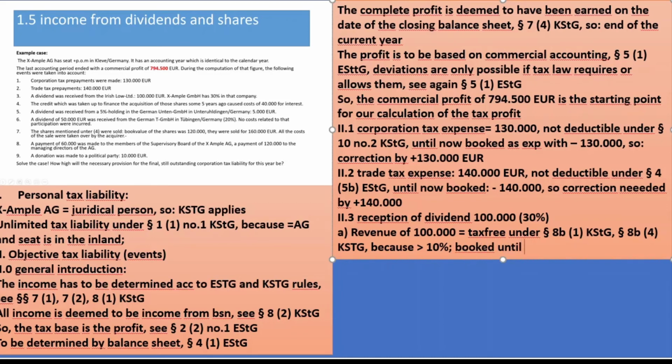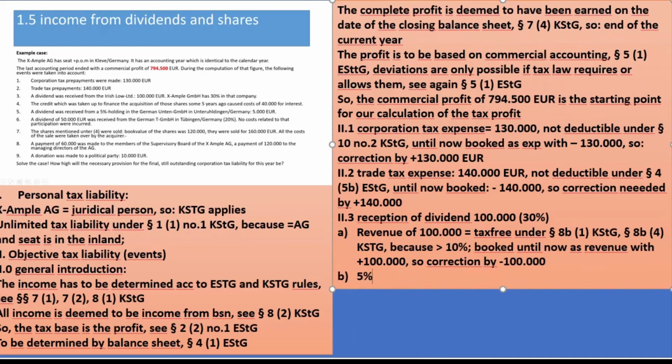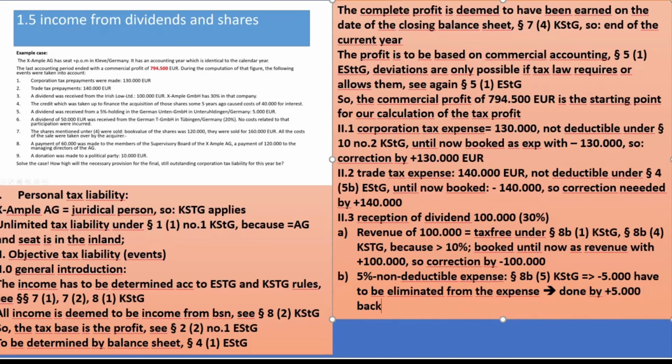Booked until now as revenue with plus 100,000, so correction by minus 100,000. Then the 5% non-deductible expense, paragraph 8b5 KStG. That means minus 5,000 have to be eliminated from the expense. So done by adding plus 5,000 back.